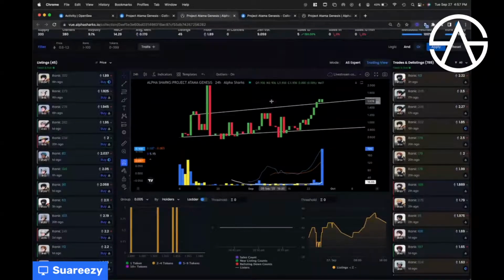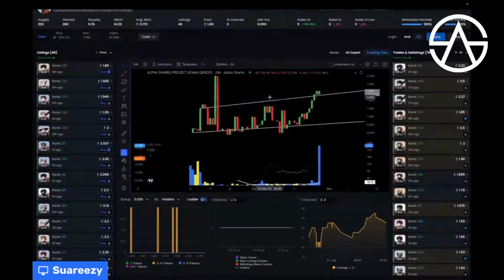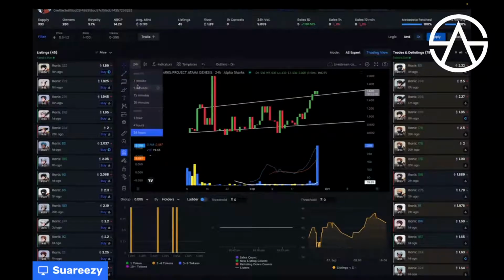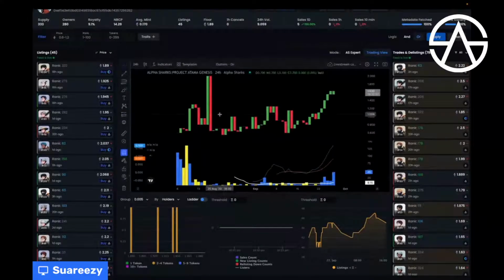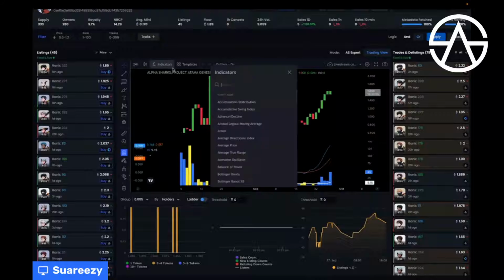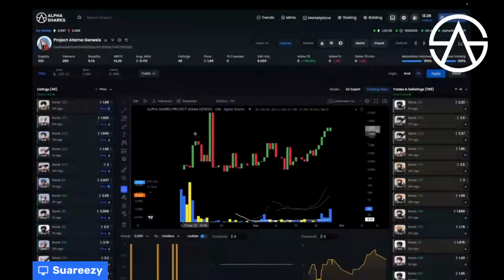And we get pretty much full access to everything that they offer. So we can draw trend lines, we're able to save templates, we're able to customize formats, we're able to change time frames, able to do a lot of unique things that you can't do with just plain old plot charts. And again, you get access to all their indicators that TradingView has.